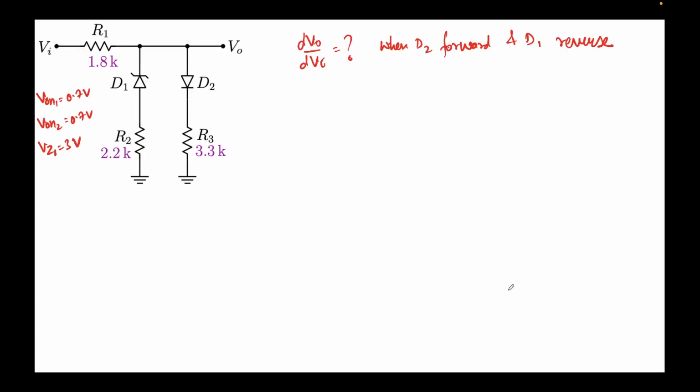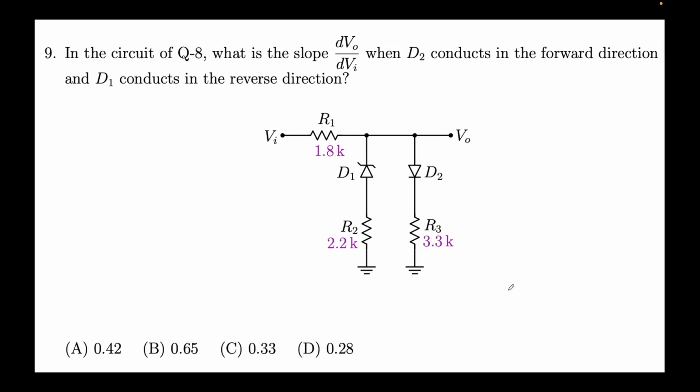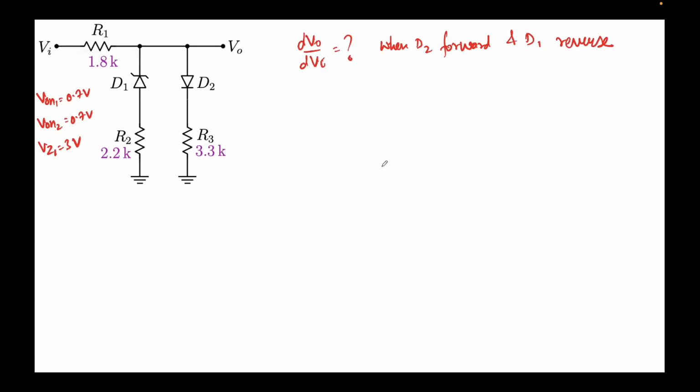Now it says that D2 is forward and D1 is reverse, right? So it's clearly conducting in the reverse direction. This means now we'll assume this to be in our Zener mode. So how will the circuit look then? Let's draw this. This is R1, this is Vi, this is conducting in the reverse bias mode. Remember that.